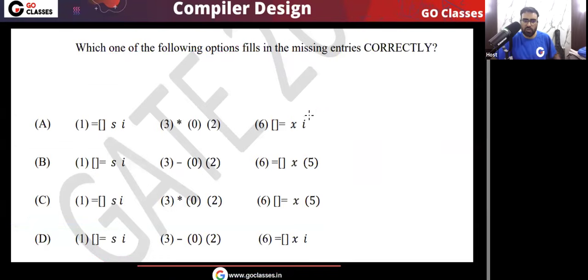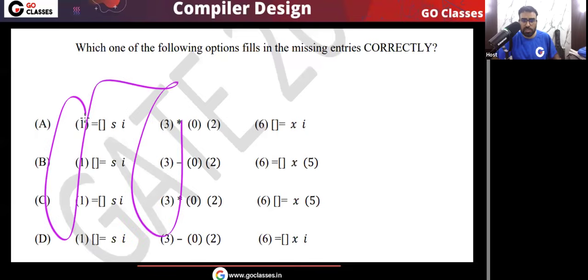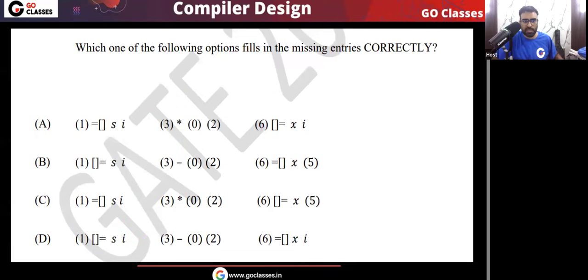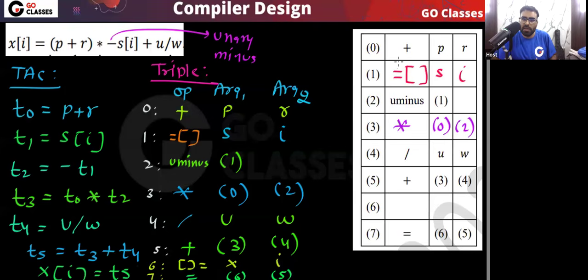Please tell me. Now you can see which option is correct. The question is asking what are the missing entries for position 1, position 3, position 6. In position 1, what was the missing entry? The operator was assignment, then bracket. Yes or no?